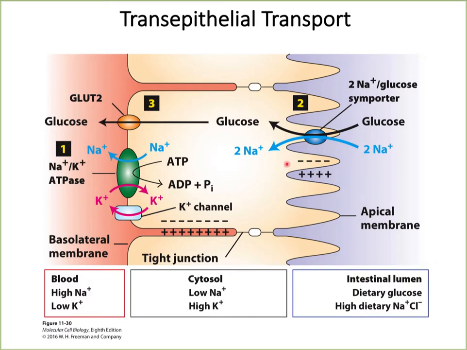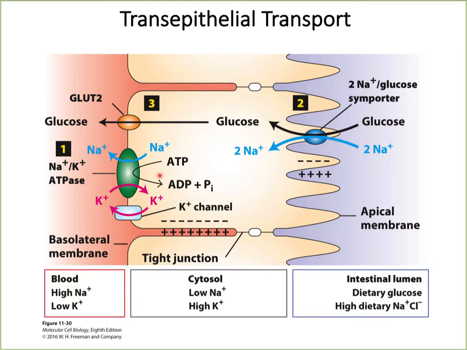First, I want you to notice that these epithelial cells are polarized with tight junctions and established biochemically distinct apical and basolateral plasma membrane regions that contain different transport proteins. The differentiation limits glucose transport through this paracellular pathway between the cells.